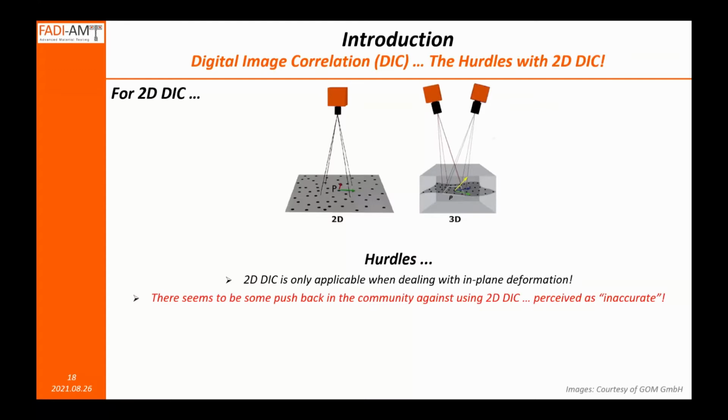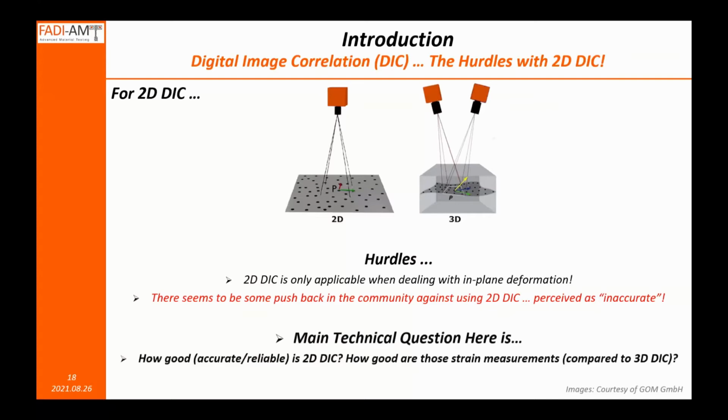There are different labels that 2D DIC gets, and some of them are maybe inaccurate, inadequate, involves a lot of error, it's harder to deal with in terms of calibration and so on. So between these two hurdles, we feel like there is a push against 2D DIC, and that's why we don't see it out there. So we wanted to approach this problem and ask a specific technical question here.